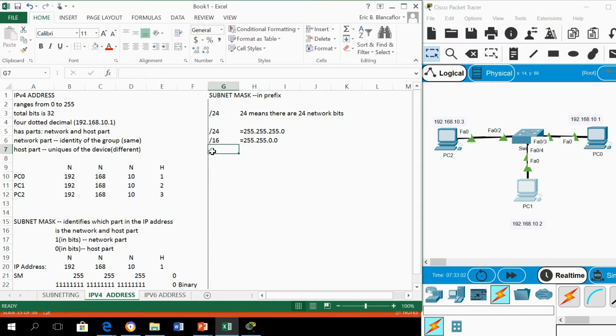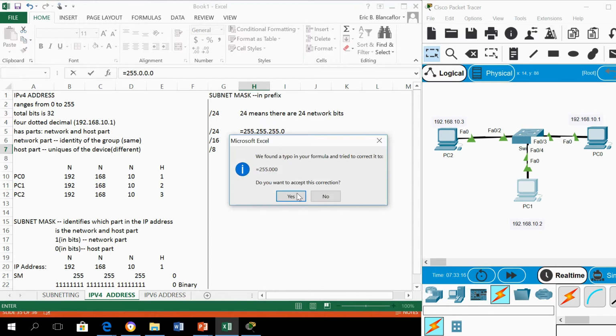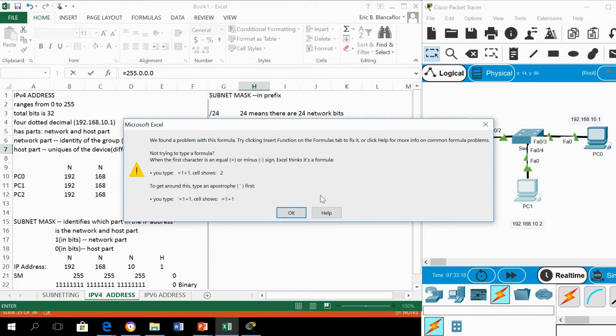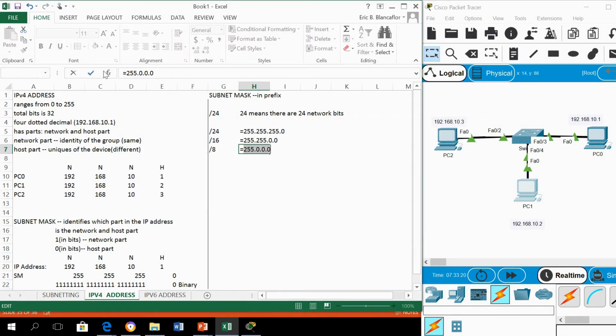And then say if you have /8, that is equivalent to 255.0.0.0. Okay? There. Wait, I forgot the single quote. There. Okay? Very important, this part here. Subnet mask presented in prefix.